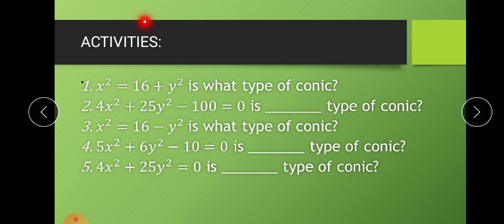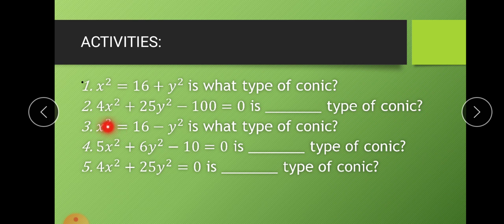So now the activities. These activities are your turn to solve on your own. Activity number 1: x squared equals 16 plus y squared is what type of conic? Activity 2: 4x squared plus 25y squared minus 100 equals 0 is what type of conic?